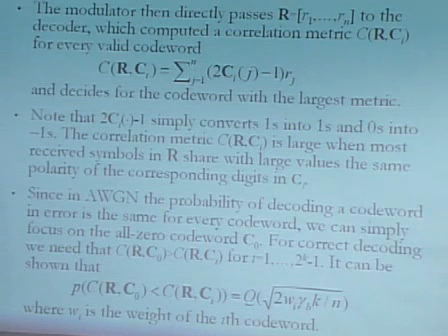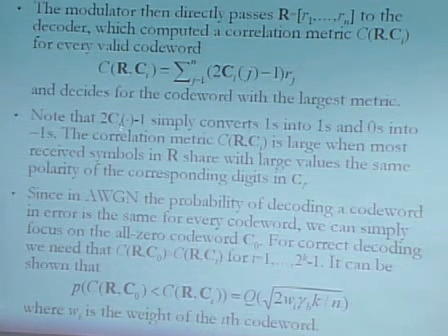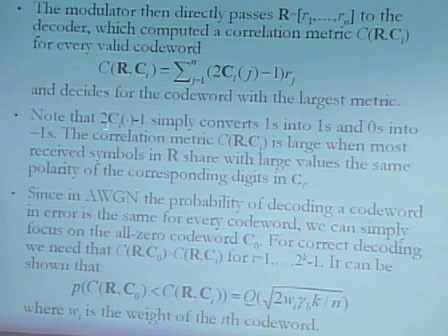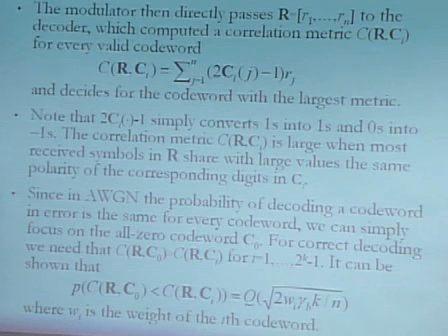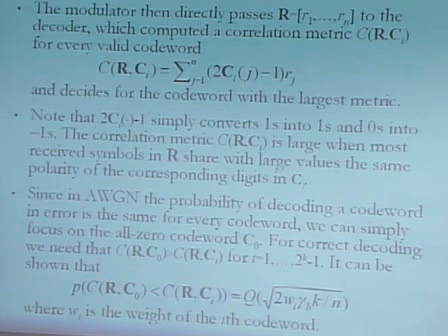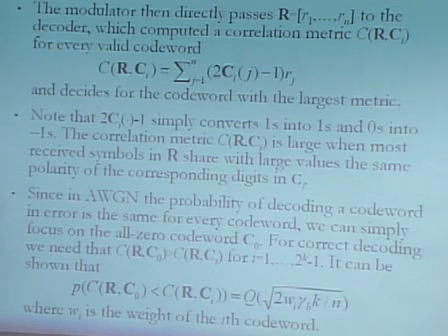This is simpler than it seems, right? The operation 2 C_i of j minus 1 simply converts ones and zeros into ones and minus ones. So we're just going to take our ones and zeros and map them to ones and minus ones, like here.